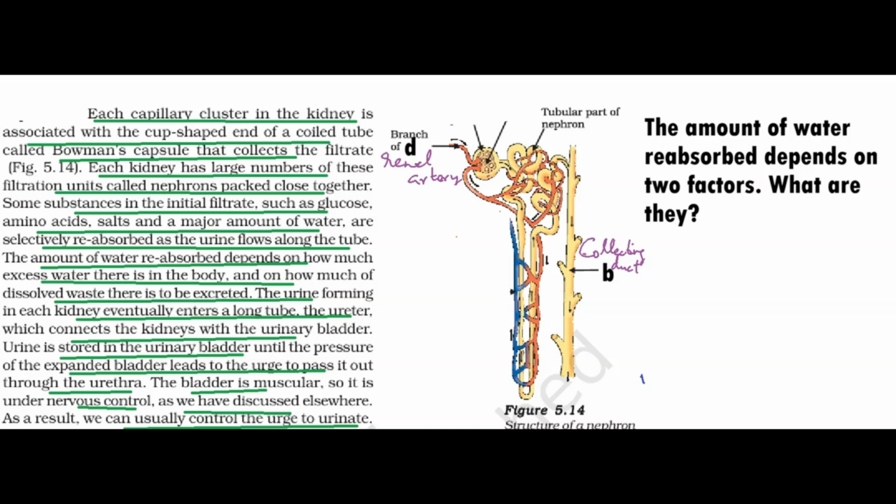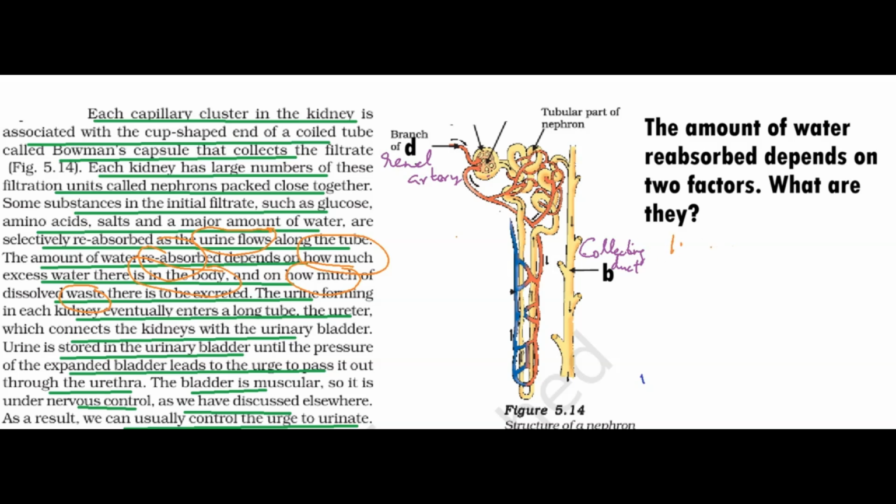Now as urine flows along the tube, that is the nephron, the amount of water that is reabsorbed depends upon how much excess water there is in the body. And the second factor is on how much dissolved waste is there to be excreted. So these are the two factors.